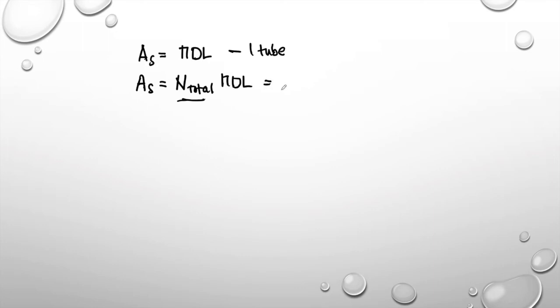Our number of tubes in the tube bank will be 12 tubes. So we have 12 tubes, times pi, times 0.03, times 1 meter. I assume the length of the tube bank is 1 meter, each of the tubes is 1 meter.